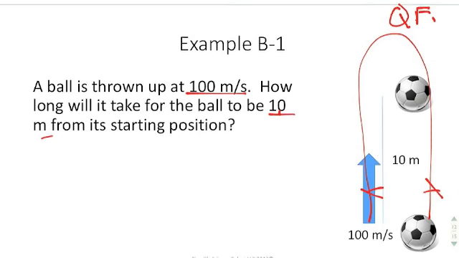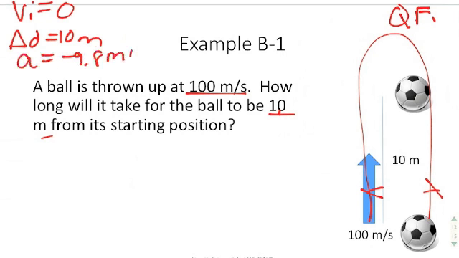The first thing we have is the initial velocity is 0. We have the displacement is 10 meters, and we also have the acceleration due to gravity is negative 9.8 meters per second squared. The equation that we're going to use is the same one. It's delta D equals VIT plus 1/2 AT squared.